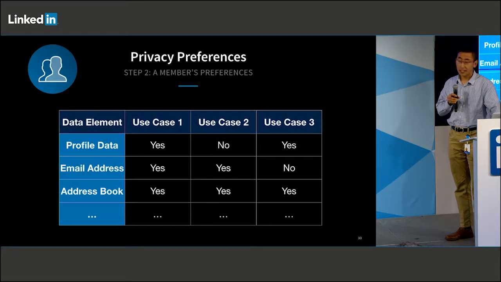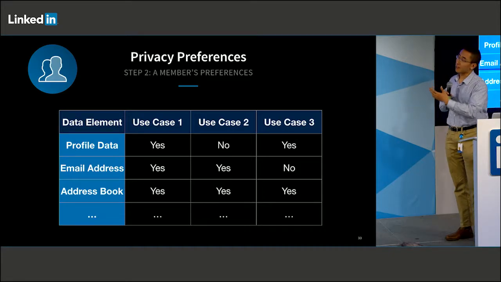On the LinkedIn site, users specify their privacy settings. So, you can think of that as, I don't want my profile data used for a certain use case, like ads targeting, or don't share my email address with third parties. That could be another use case.